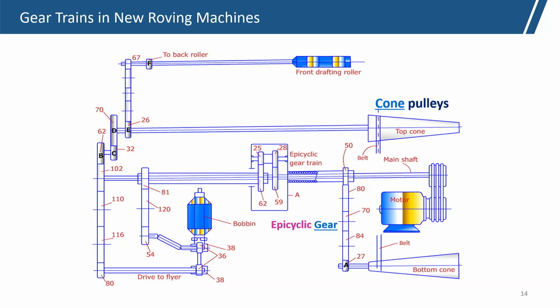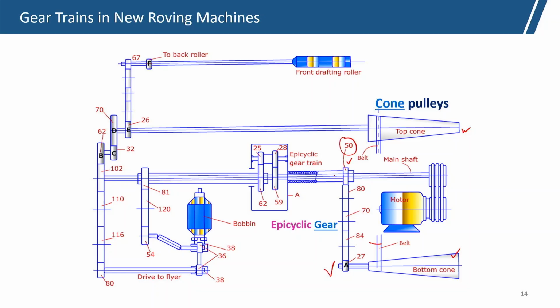We can see from this diagram the bottom cone drum and the top cone drum. The top cone drum gets the constant speed, but the bottom cone drum's speed varies as the belt shifts. From this bottom cone drum the speed goes to the pulley with 50 teeth, which gets the variable motion through the gearing diagram.